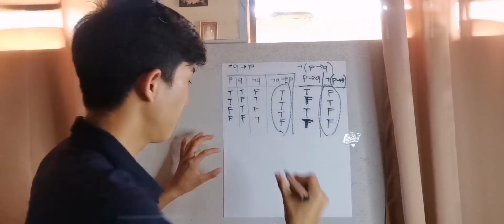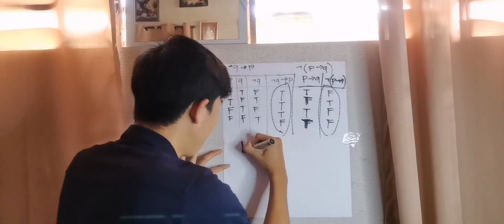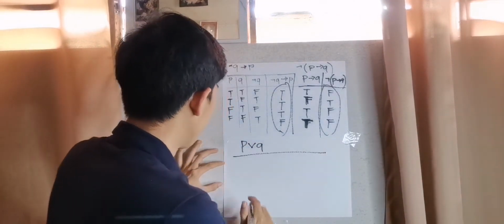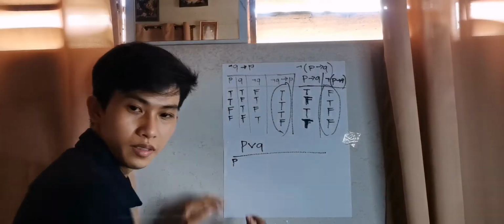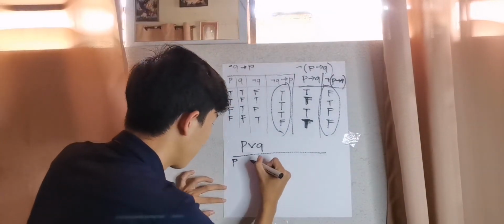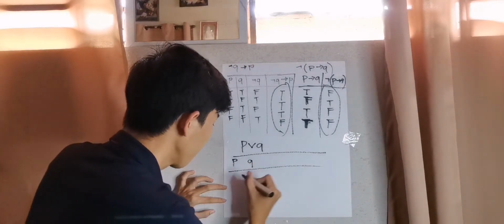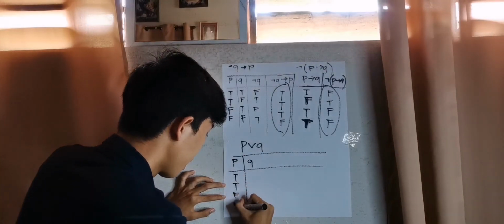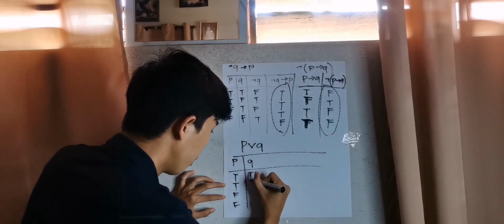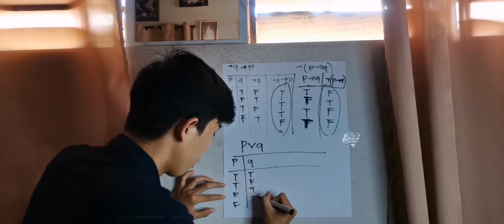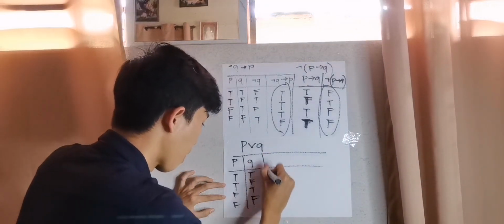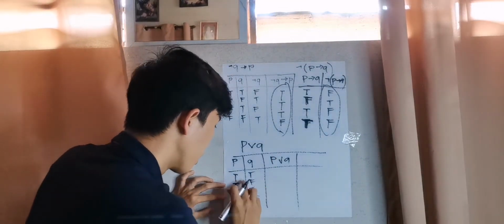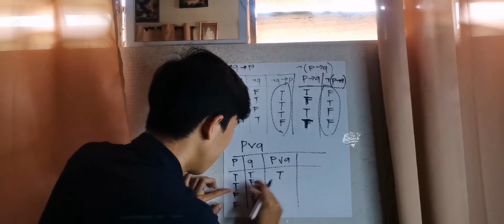So our third statement is P or Q. So P and Q. Since P is true, true, false, false, and Q is true, false, true, false, then P or Q: true and true, our answer is true.